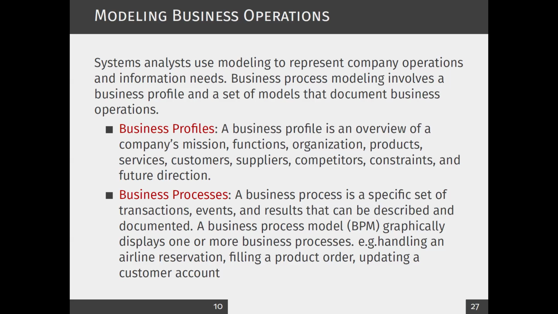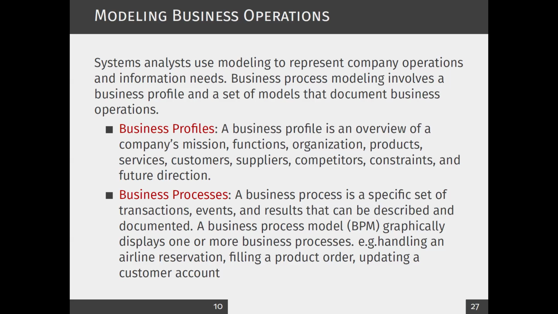Then there are services, and the customers, for example, customers are you. And then there are suppliers, which means there are supporting people or various suppliers. For example, we have some equipment suppliers which provide all the hardware requirements. Then we have competitors like other universities, state and non-state universities.